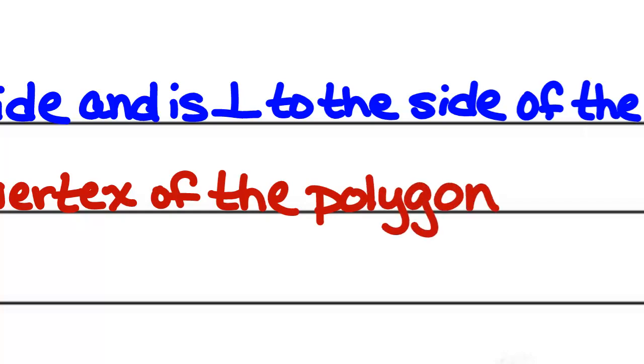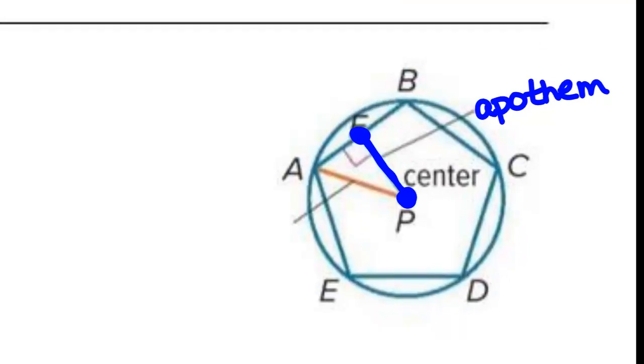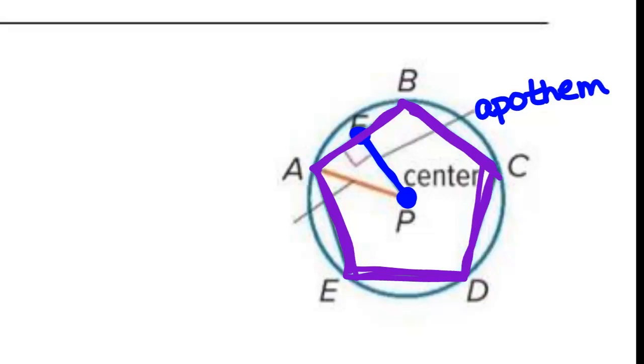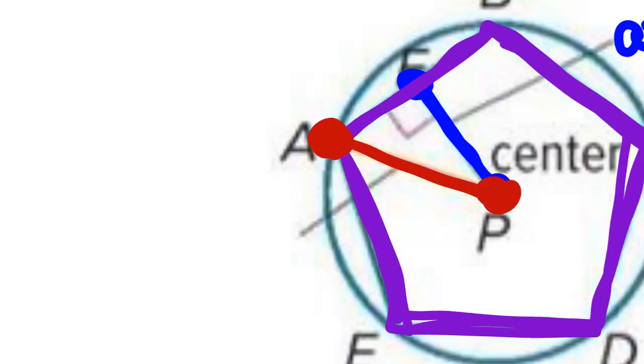And this drawing down here helps to illustrate why we call it a radius. So again, I have this pentagon, this five-sided shape that has been inscribed inside of our circle. And this segment over here that goes from P to A, A is a vertex of that polygon, but A is also on that circle that is going around the outside of our polygon.